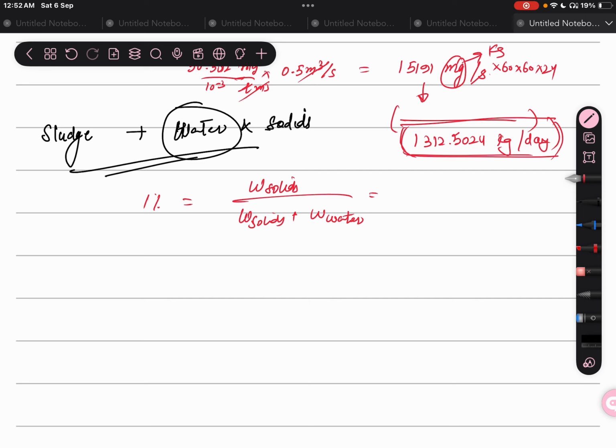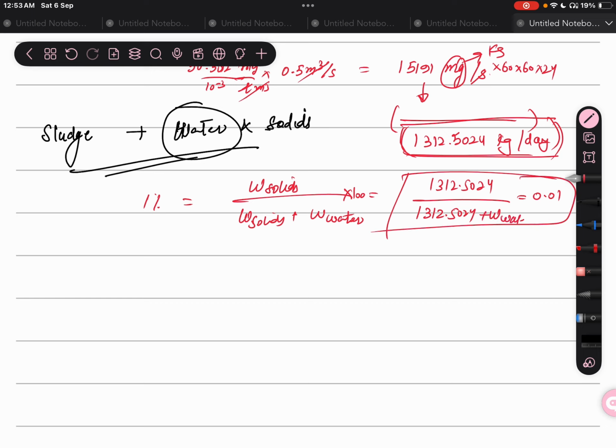So 1312.5024 divided by (1312.5024 plus weight of water) is equal to 0.01.